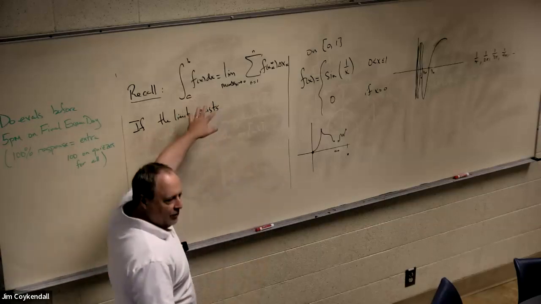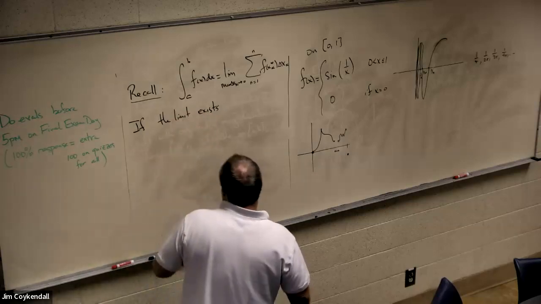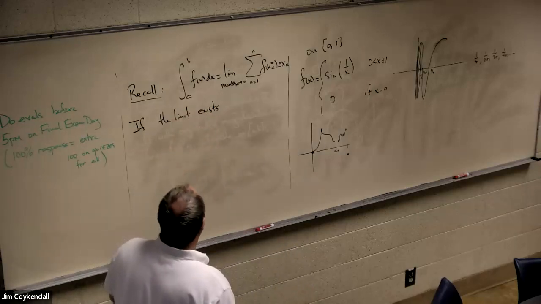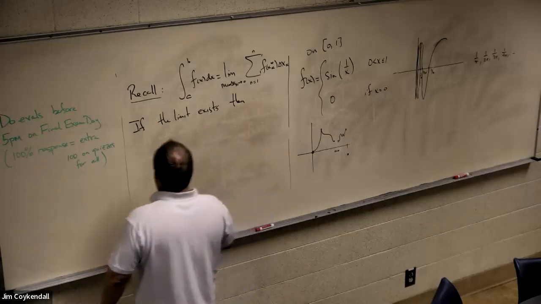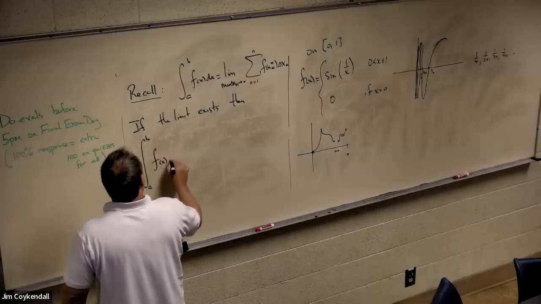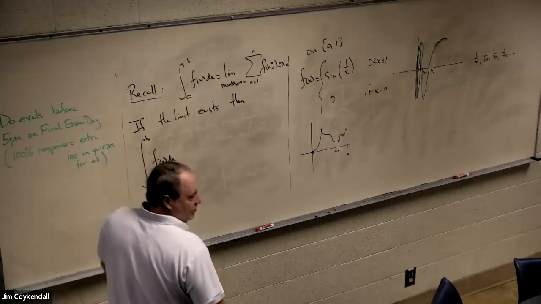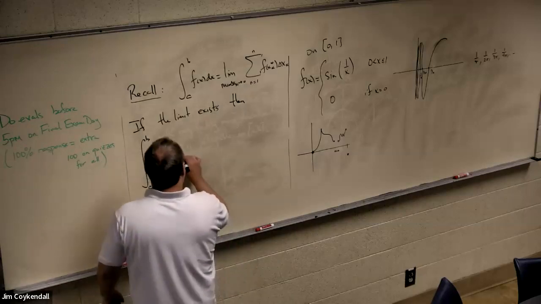If this limit actually turns out to exist, which the previous theorem should tell you happens fairly often for your purposes, then so if I ever ask you to compute an integral using the limit, it's this.